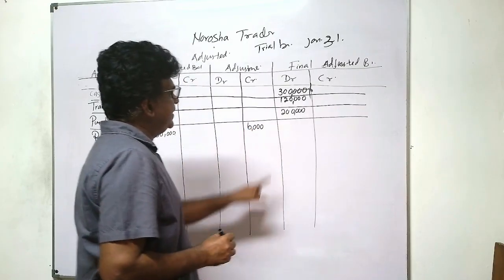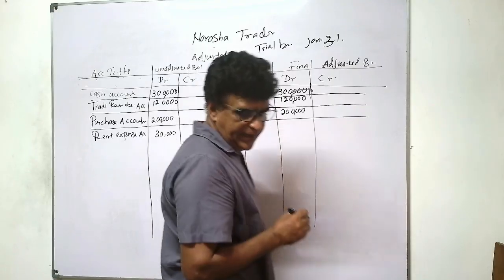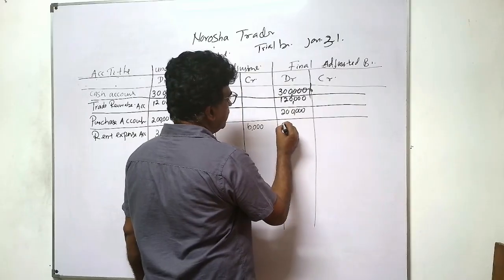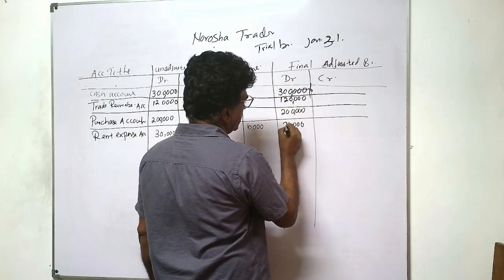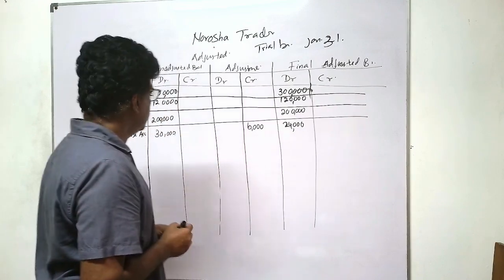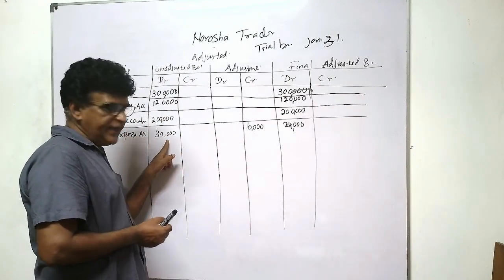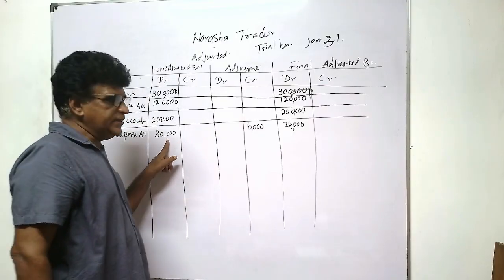For this debit balance, I am getting 24,000 rupees. Why? I deducted the 6,000 from 30,000, because 6,000 is not relevant to January. That is relevant to February.